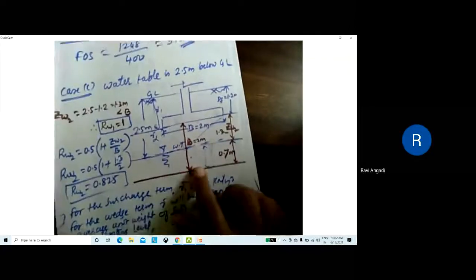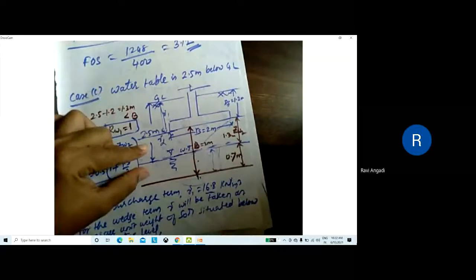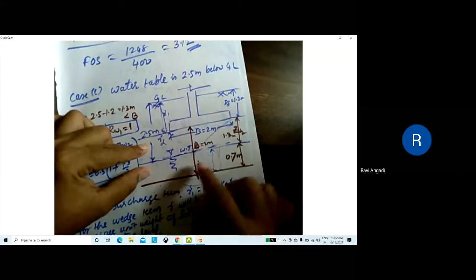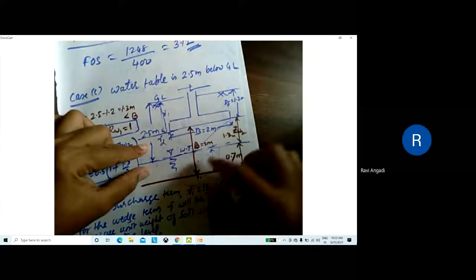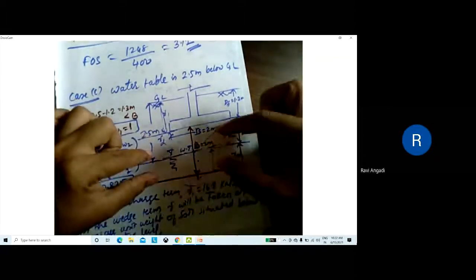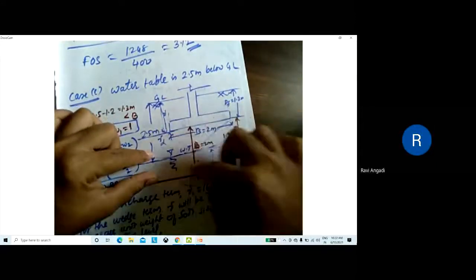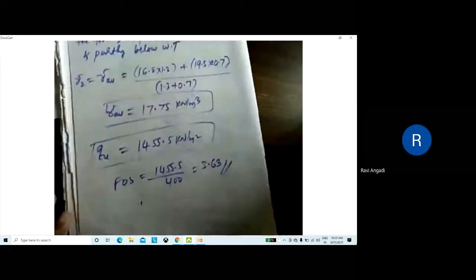So since it is lying at the center, we need to take the average gamma. You cannot take only one gamma. Below the water table, one gamma. Above the water table, one gamma. Then you have to make the average of that. That will be the total unit weight of the soil for the wedge term, only for the wedge term. That is the third term. I hope you understood, all of you.